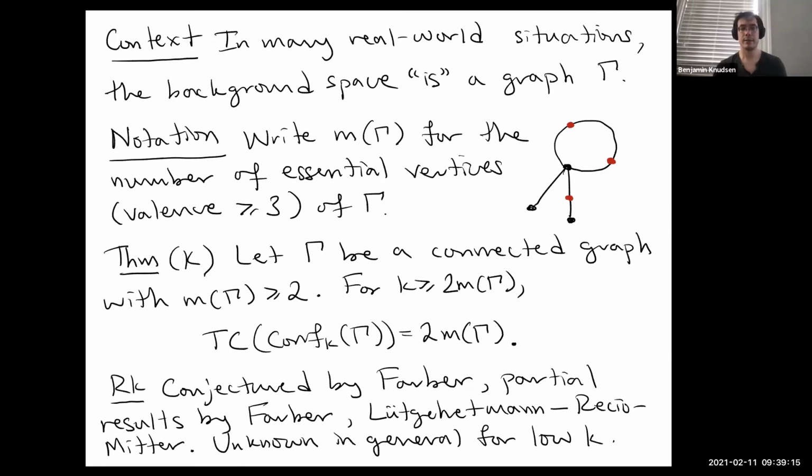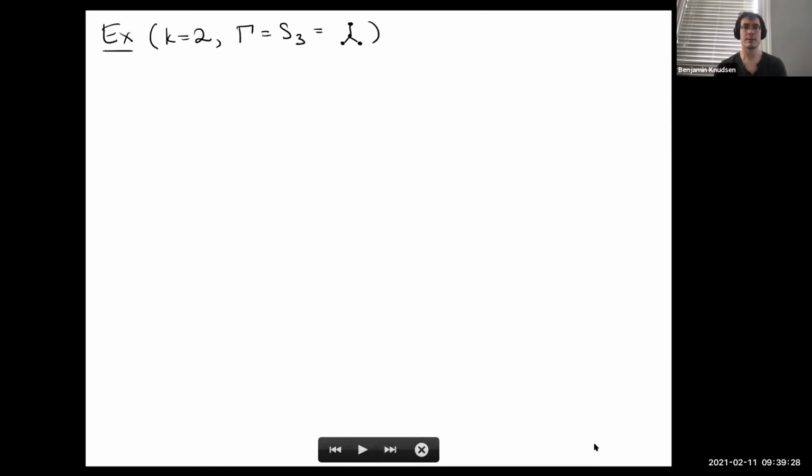And the answer when the number of points is small relative to the number of essential vertices, I believe, is not well studied at this point. So that would be an interesting thing to understand.